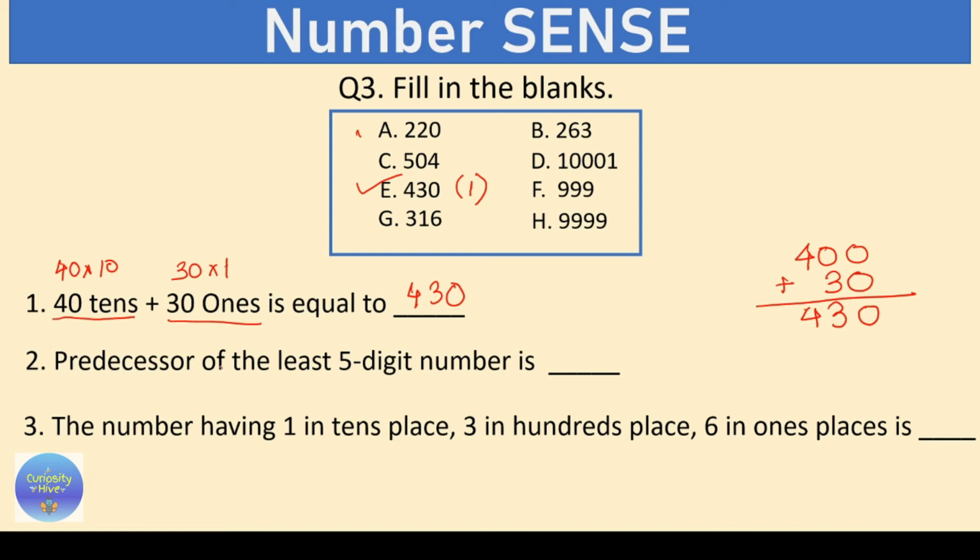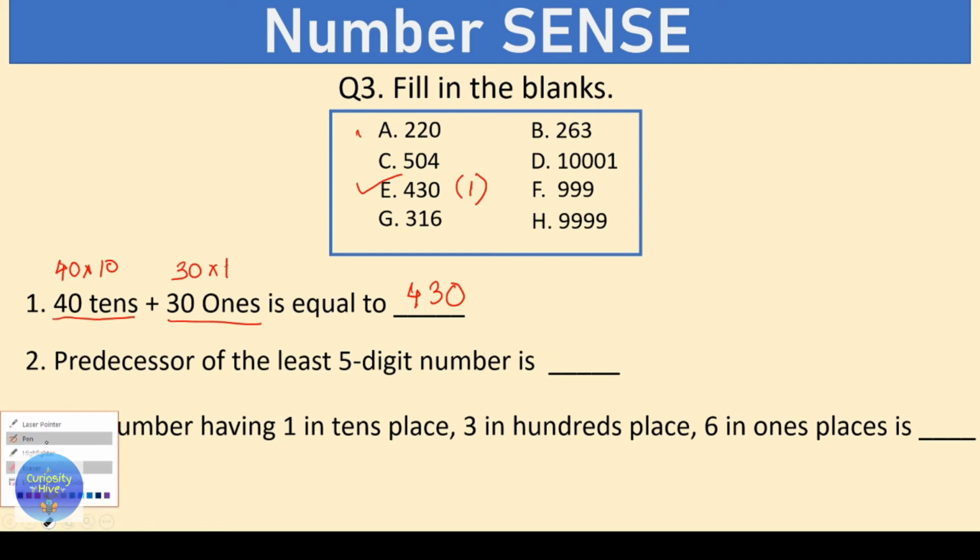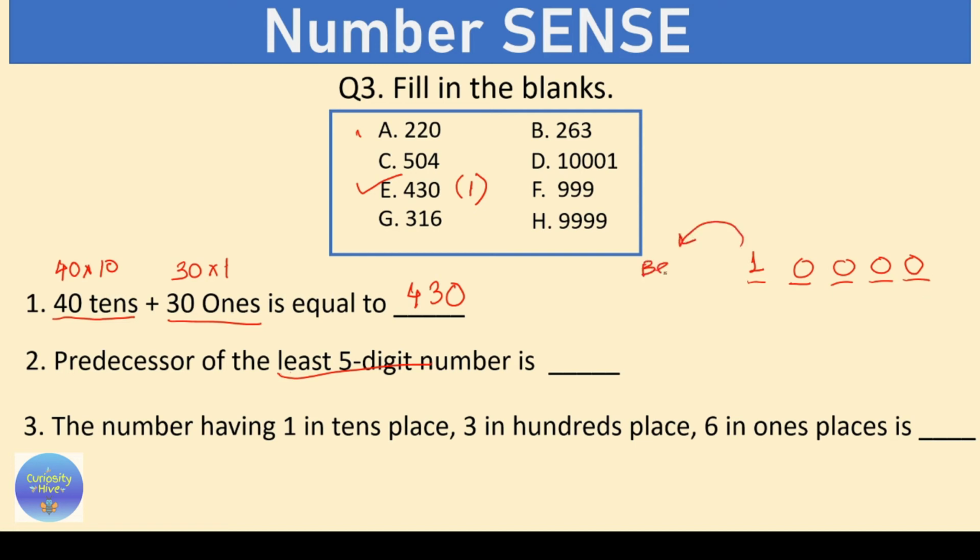Next is predecessor of least 5-digit number is. Let's see. Predecessor of the least 5-digit number. 5-digit number means 5 blanks. And the least is 0 in all places except the first one, which is 1. So this is the least 5-digit number. Predecessor is something that comes before it. And what we need to do for this?